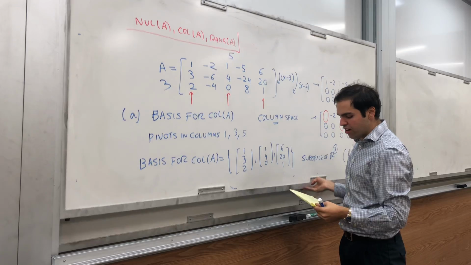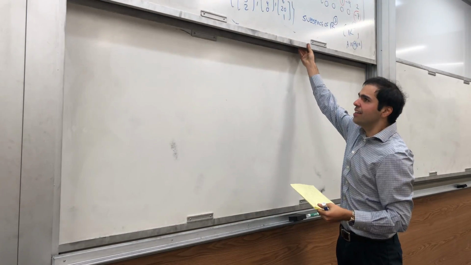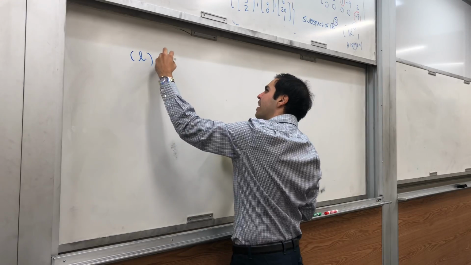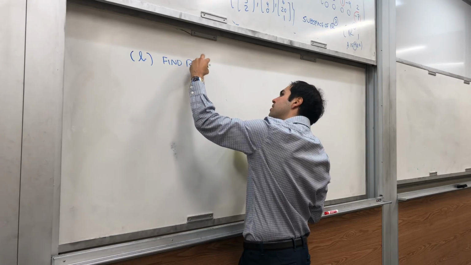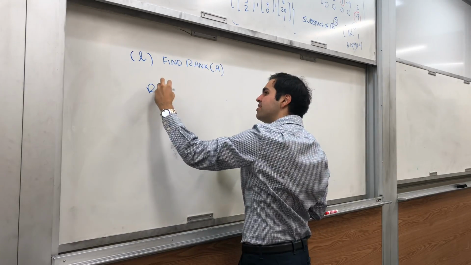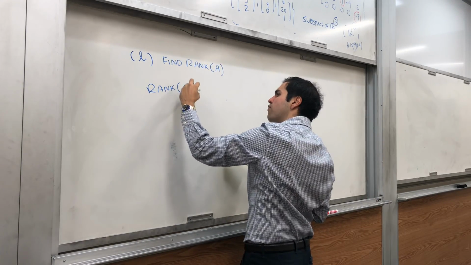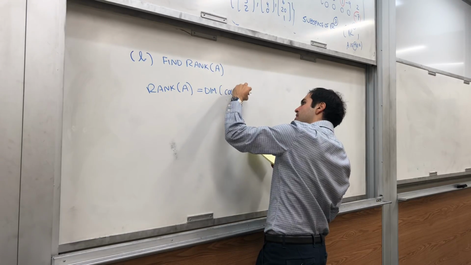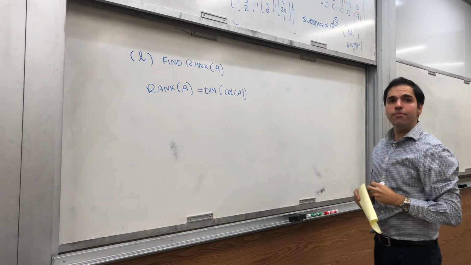Okay, that's one thing. So the basis for the column space of A. Then the second thing is find what's called the rank of A. All that rank of A is, is just a fancy word for the dimension of the column space. How do you find the dimension?